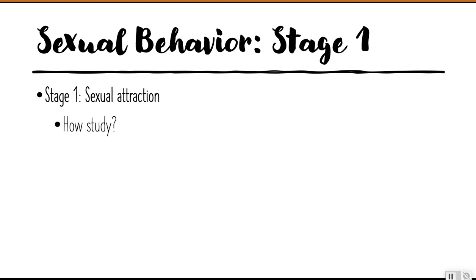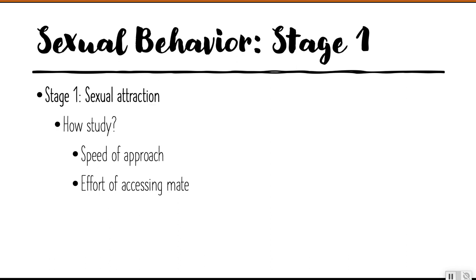So how do we study sexual attraction? How is this something that can be measured in a lab? How do we do this experimentally? One way that we can do this, particularly for animals, is that we can measure the speed of approach, or how fast these animals approach one another in a lab setting in order to engage in reproductive behaviors.